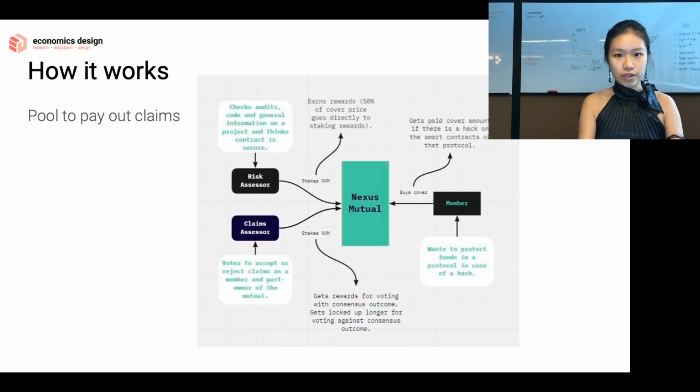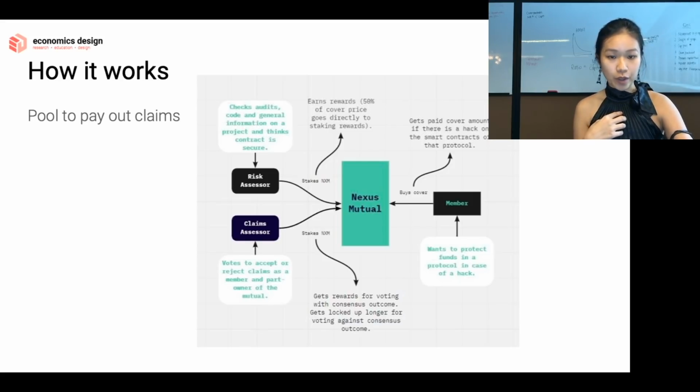They could be smart contract coders or developers, and they actually know the thing. So they look at the risk and say, okay, I think Aave's protocol is very secure, and I'm going to stake some tokens on the fact that I think this is secure. Let's do everything in ETH, because it's a lot easier first.